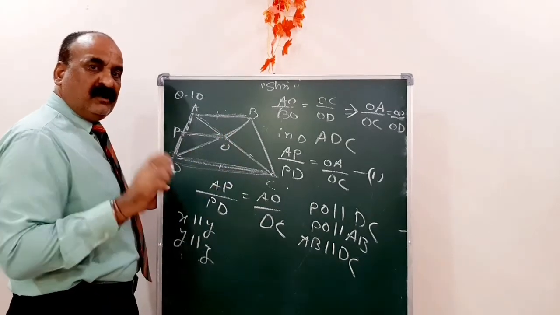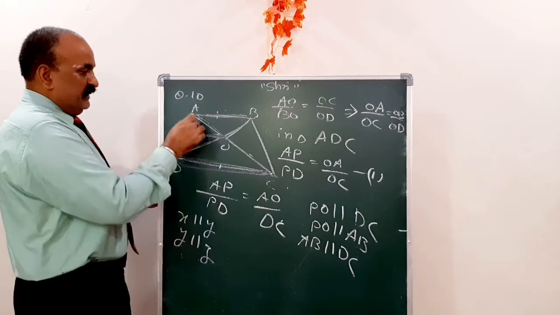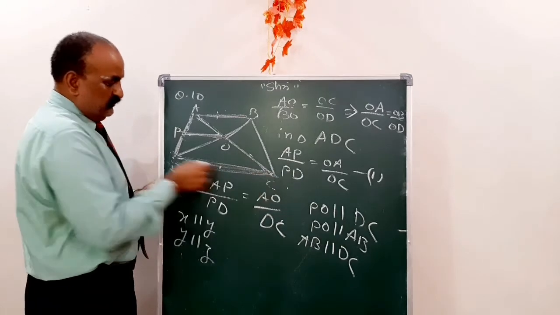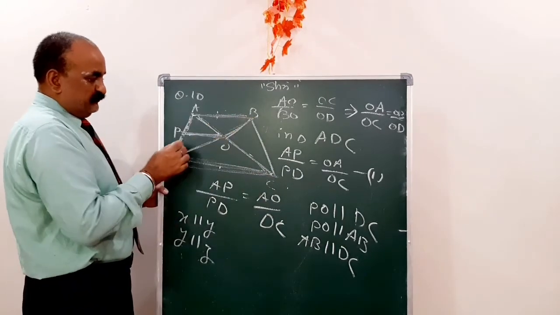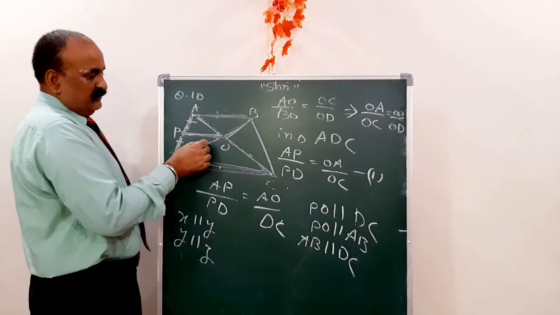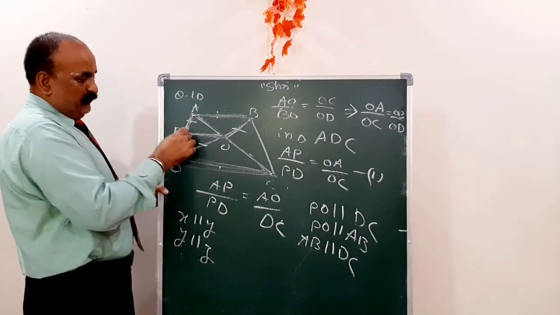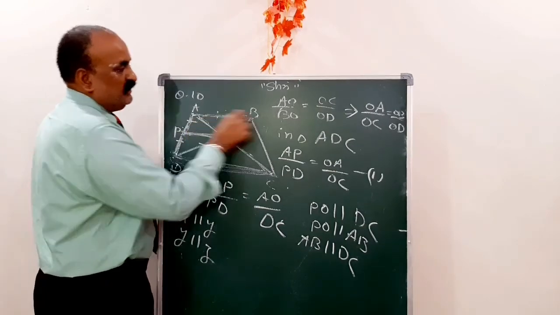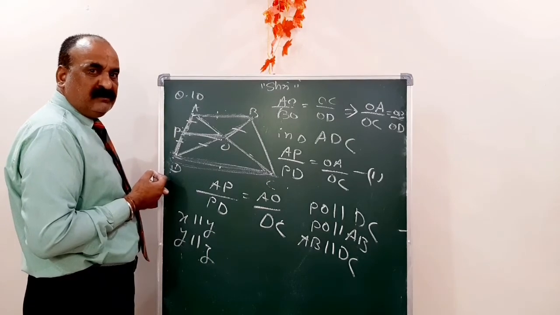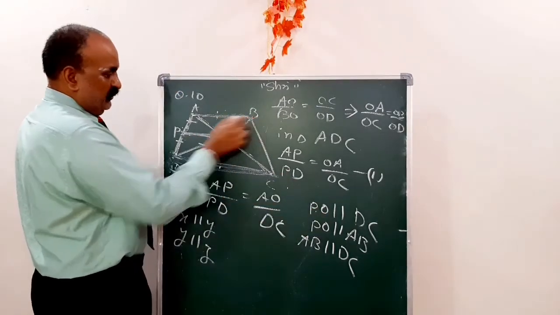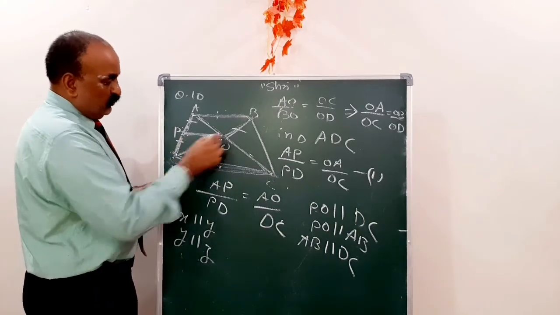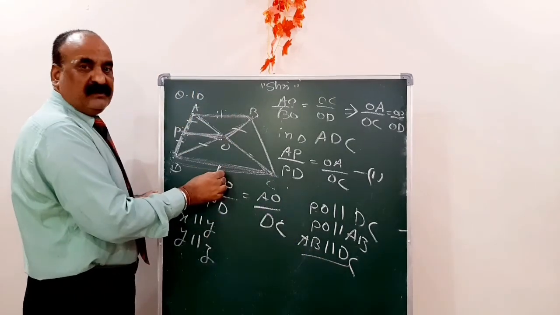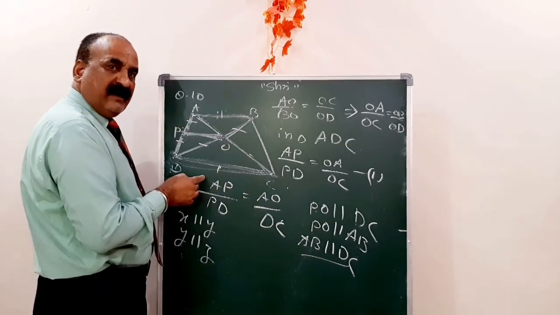By the converse of BPT theorem. क्योंकि यदि ये रेशो आपस में इक्वल हो गया AP upon PD is equal to AO upon OC, तो PO है parallel to DC हो गया. और इस केस में, AP upon PD is equal to OB upon OD. It means PO is parallel to AB by the converse of BPT theorem. और पहले हम कंस्ट्रक्शन में कर चुके हैं कि PO is parallel to DC. It means AB is parallel to DC. और जहां AB is parallel to DC हो गया, it means ABCD is a trapezium.